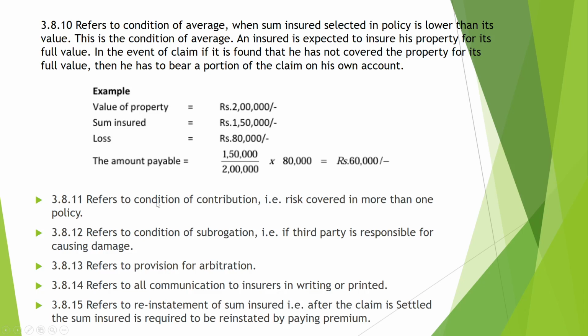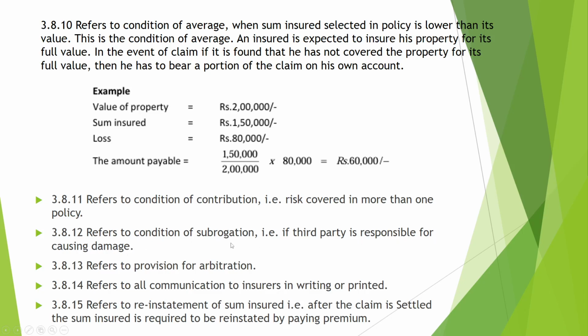Okay, 3.8.11 refers to the condition of contribution, that is, risk covered in more than one policy. I have discussed it in my previous lectures. 3.8.12 refers to the condition of subrogation, that is, if a third party is responsible for causing damage.